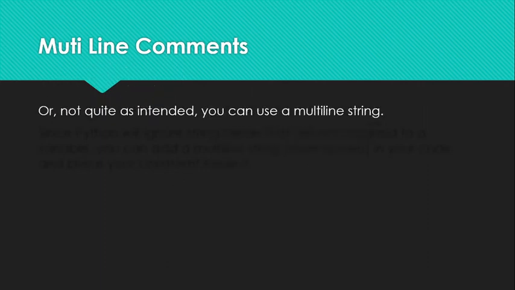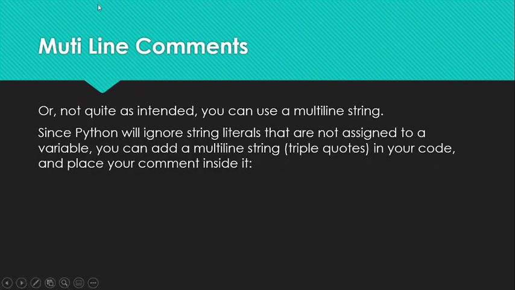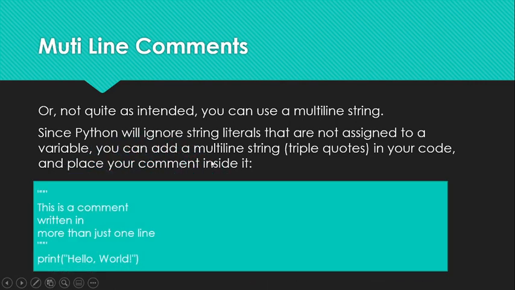Instead, you can use a multi-line string. Since Python will ignore string literals that are not assigned to a variable, you can add a multi-line string with triple quotes in your code and place your comment inside.